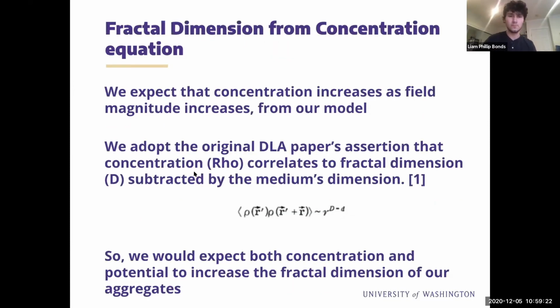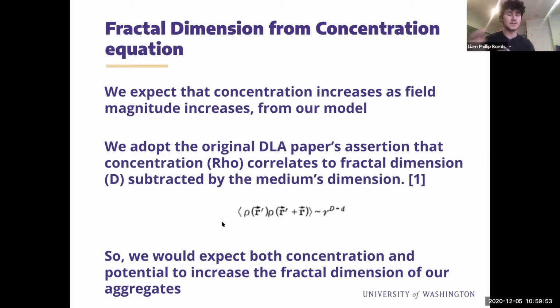From this equation, the concentration can also give us an idea of how our fractal dimension is going to be dependent upon concentration and the electric field or the potential. In the original diffusion limited aggregation paper, they correlated the concentration to your scale, which is R here, the fractal dimension, and the dimension of the medium, which is the small d.